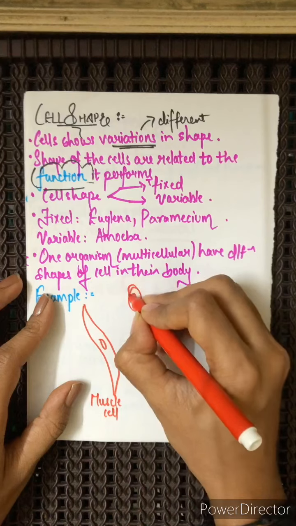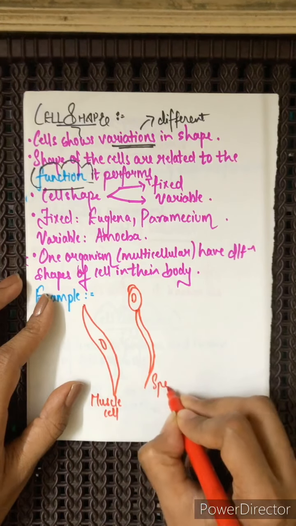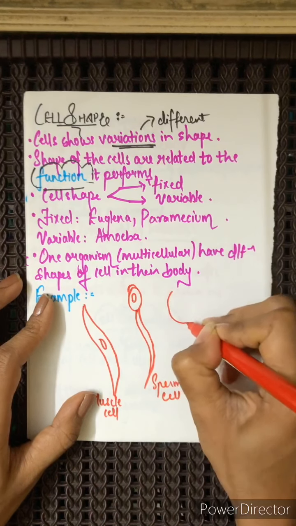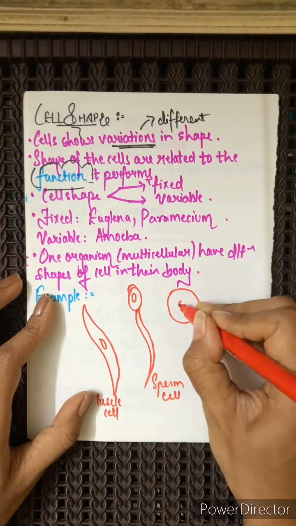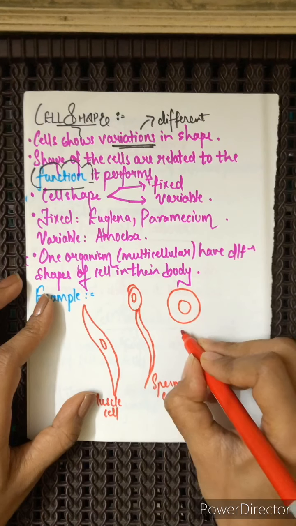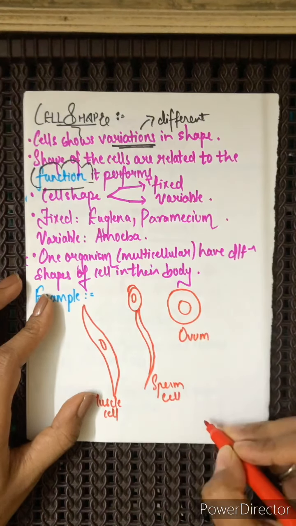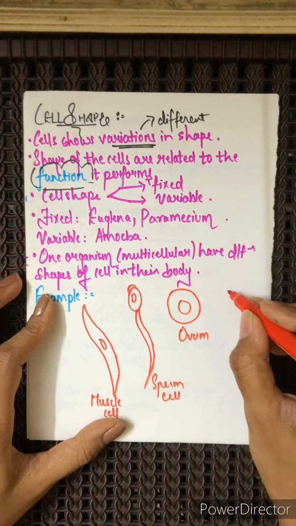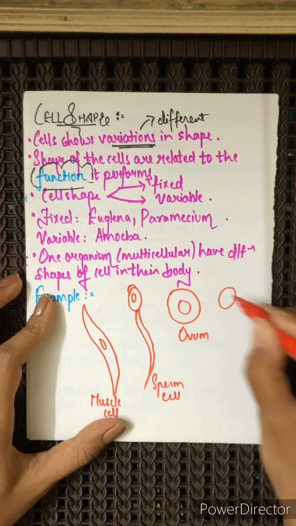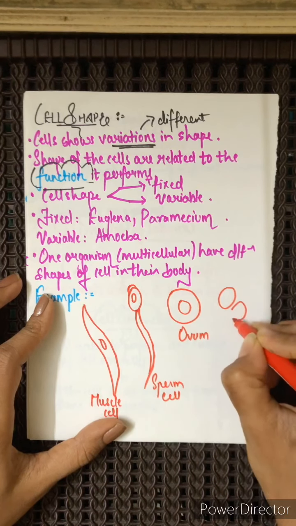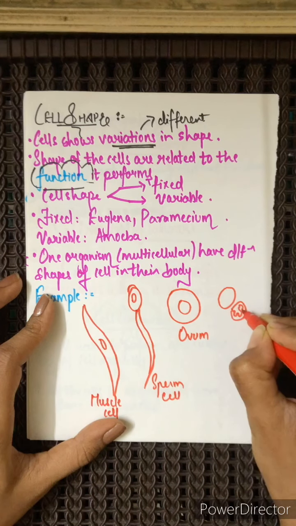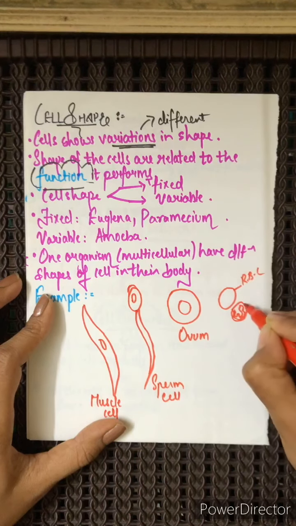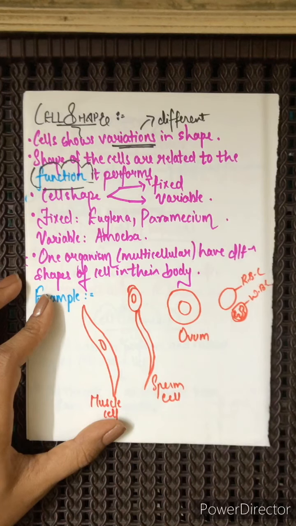Suppose if I draw something like this, this is nothing but the sperm cell. If I draw something like this, this is nothing but the ovum or the egg cell. Yes. If I draw the blood cells, so this is an RBC, this is a WBC.